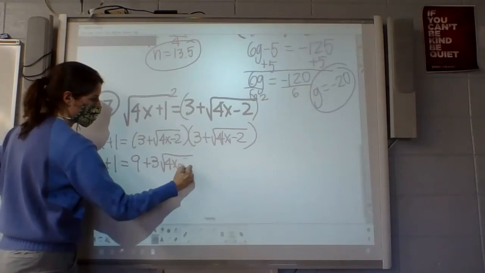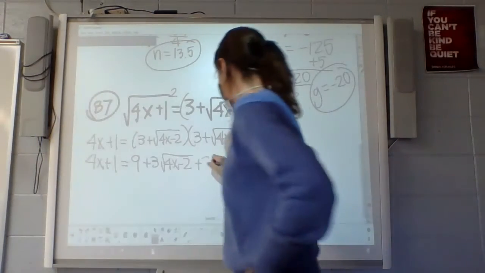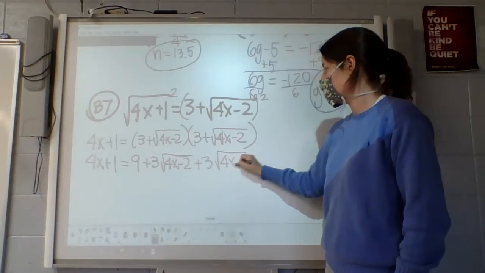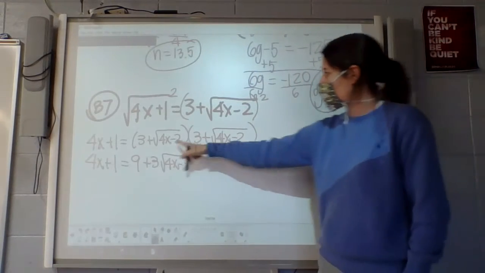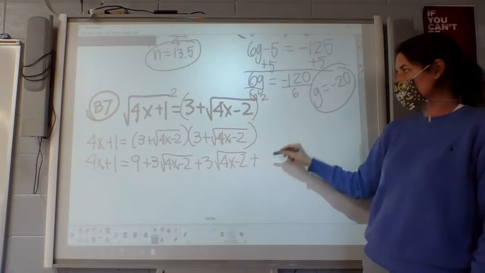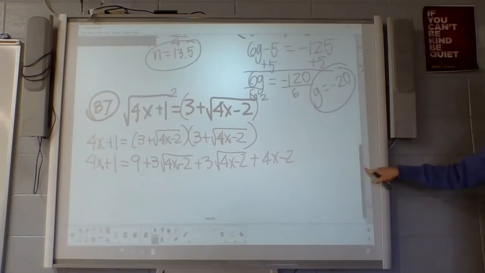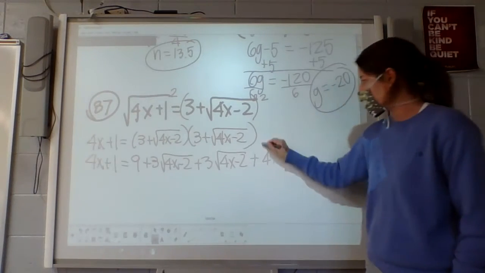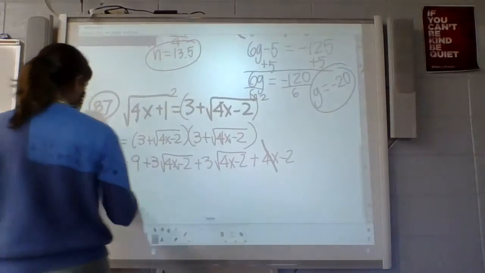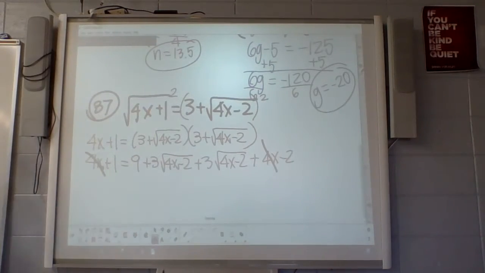I'm going to kind of keep moving. And then when I multiply these two together, they cancel the roots out, so it's just 4x minus 2. Now, hopefully you notice the 4x's on each side can cancel.